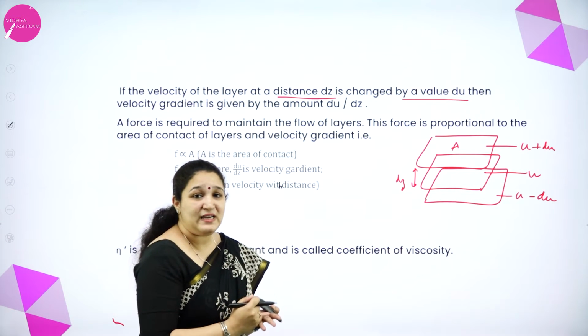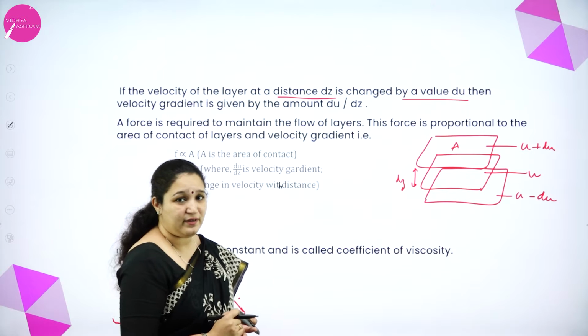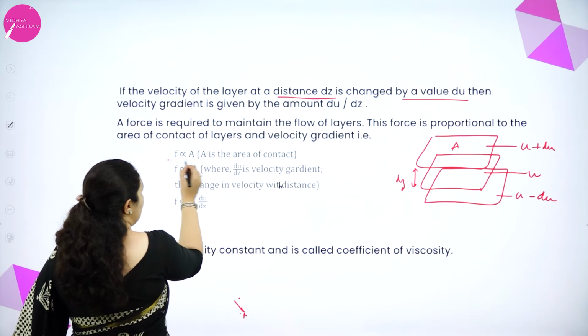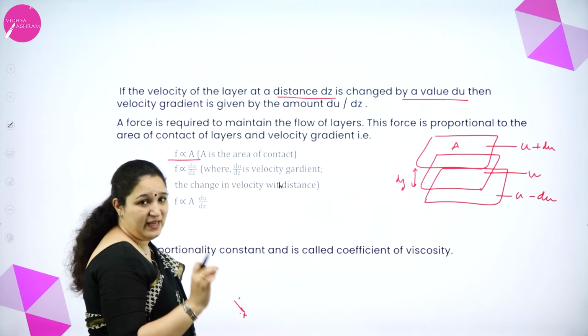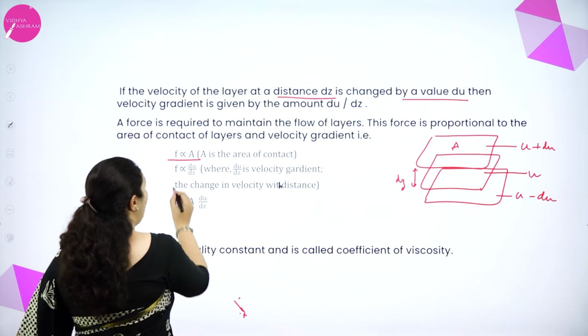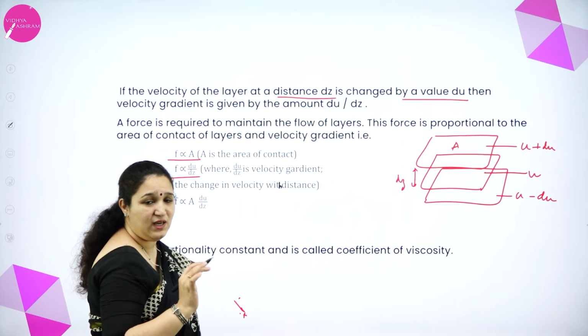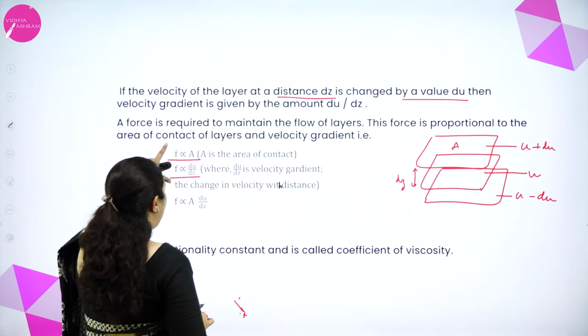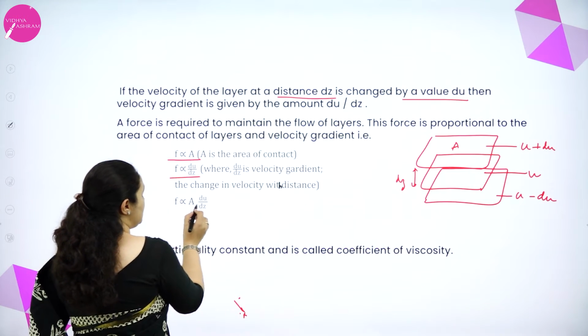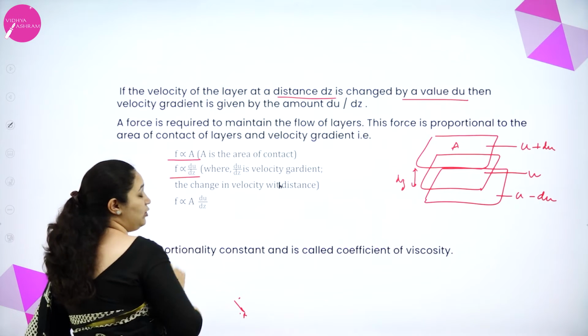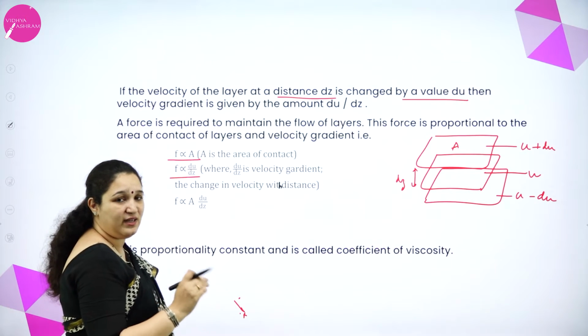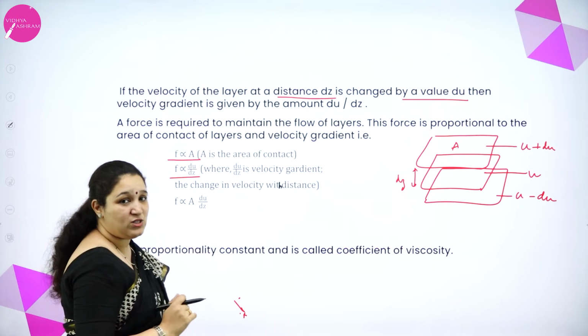So du by dz is called the velocity gradient. Force is proportional to A, the area of contact, and to du by dz. Putting these together, force is proportional to A into du by dz.